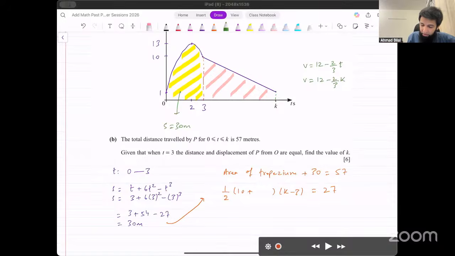So the length of this parallel side is going to be 12 minus 2 over 3 times k. That's the other parallel side. Now you solve this equation and that will give you the value of k.